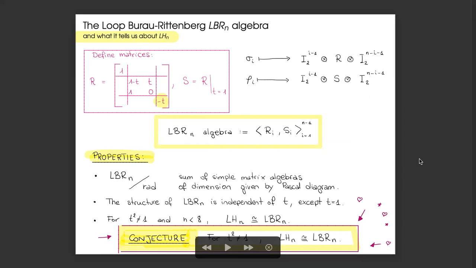Properties that we could see about LBRN algebras is that we could study their structure, and it's independent with respect to the parameter t, except when t is equal 1.